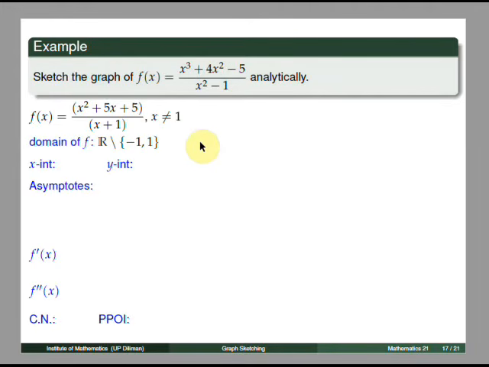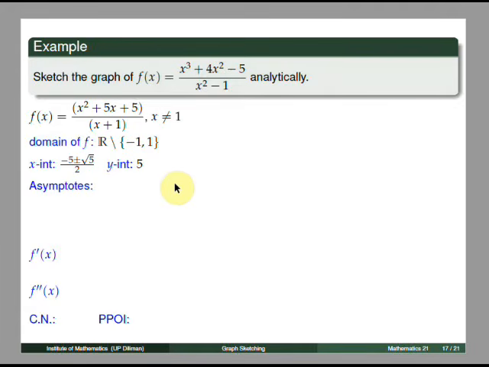To find the x-intercepts, you just set y equals 0 and solve for x. You should get these values. You may pause the video and try it on your own. Next, for the y-intercept, you set x equals 0 and you should get the y-intercept to be 5.